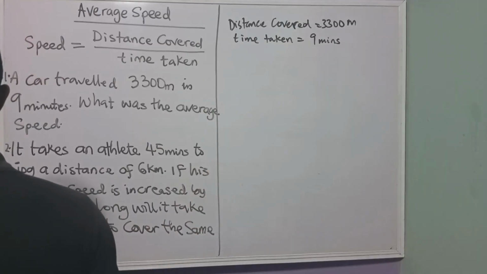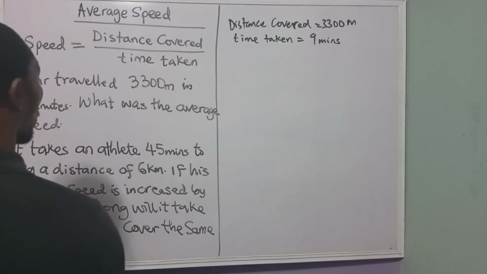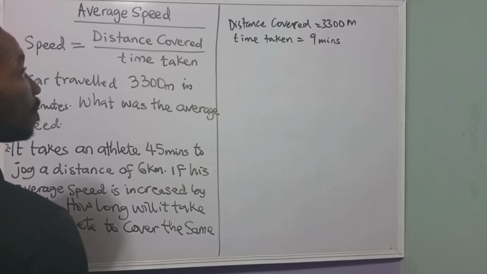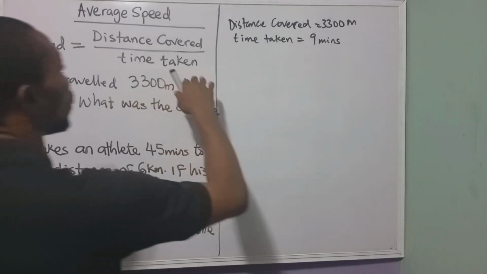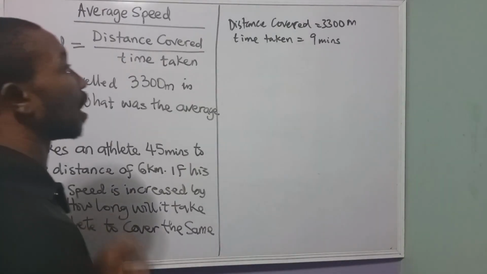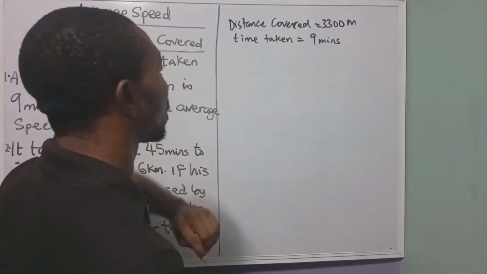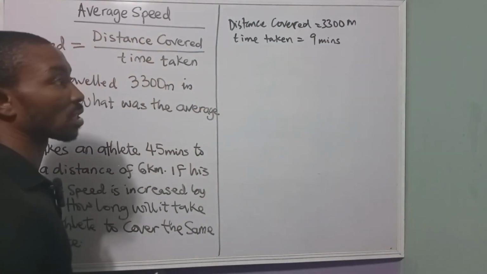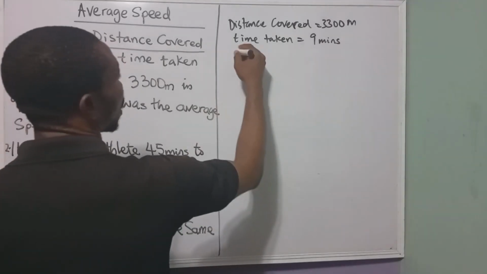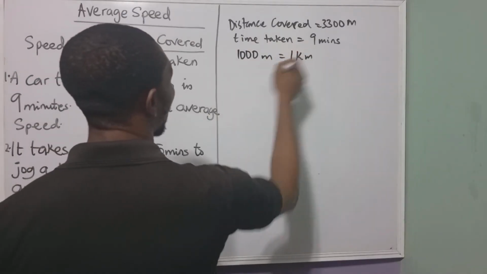But first, our speed is majorly covered in kilometers per hour. Now, we can convert our distance to kilometers, and we know that 1,000 meters equals 1 kilometer.